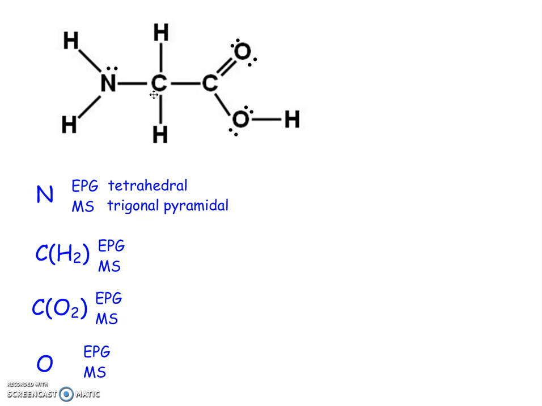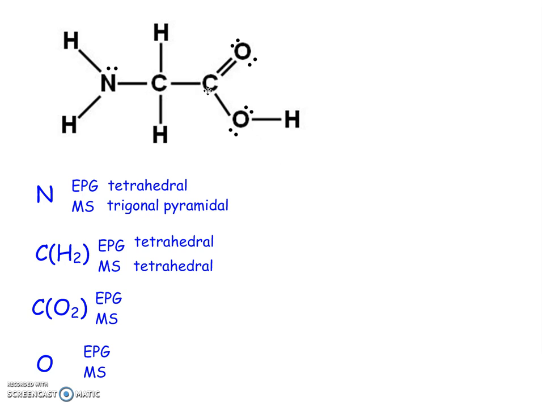Around this carbon with the 2 hydrogens off of it, I have 4 regions of high electron density, which is a tetrahedral electron pair geometry. Because there are no lone pairs, the molecular structure is the same.